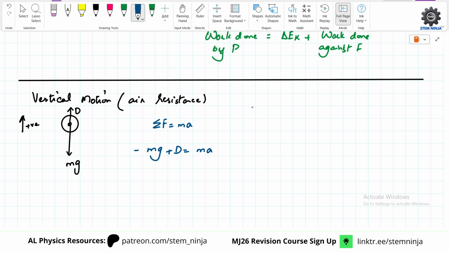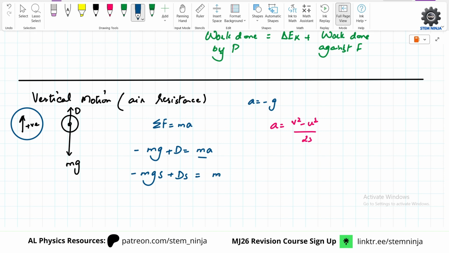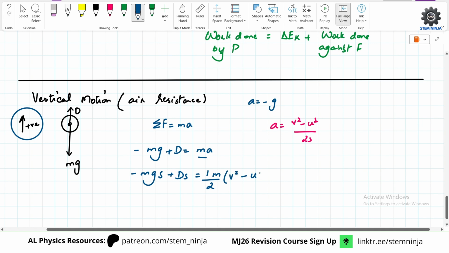Remember, in the absence of drag force, a would have been minus g. This is the reason why. So when we consider a to be (v squared minus u squared) over 2s as before, and multiply s on both sides, you will have minus mgs plus ds equals m times half (v squared minus u squared).